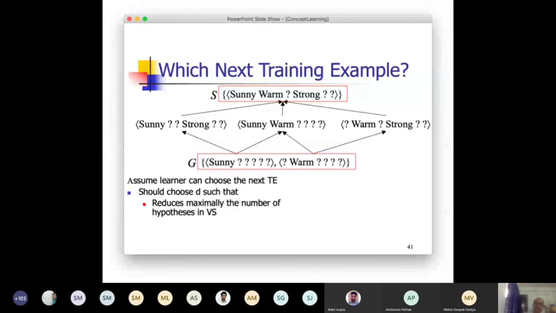So the question is which training example can make this search faster, can reduce maximally the number of hypotheses in the version space. The best training example would be, for example, one that reduces your hypothesis space by half, something like that. But it is difficult to determine that kind of preference, that kind of order here.